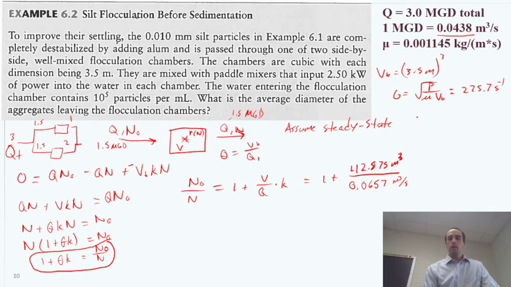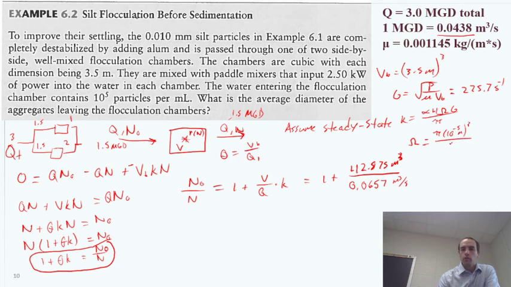Okay, so our K was going to be alpha times 4 times the floc volume times G, which we now have, all over pi. So floc volume, what did we get for that? It should be pi times 10 to the minus 5th meters cubed over 6 times the n naught.